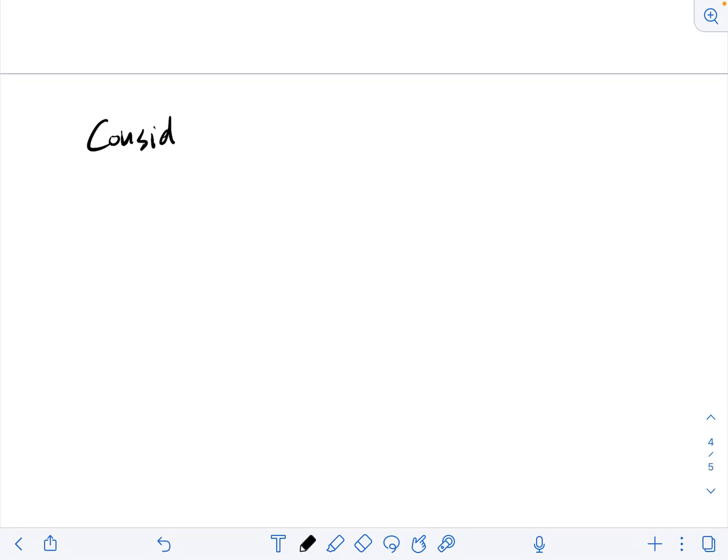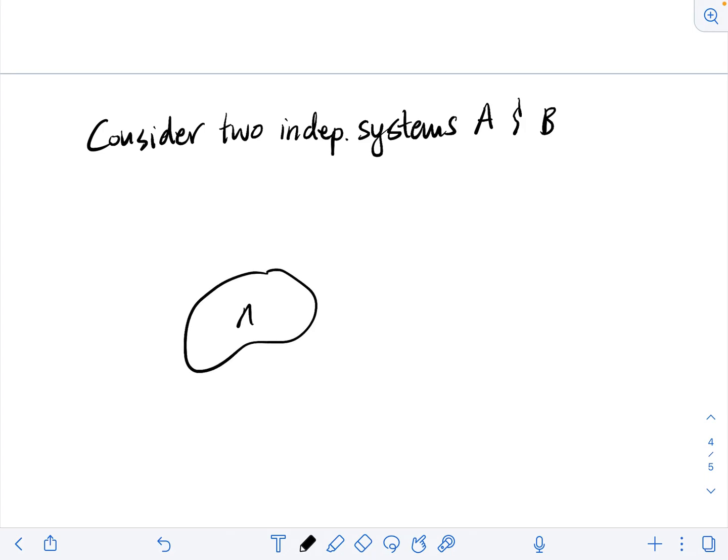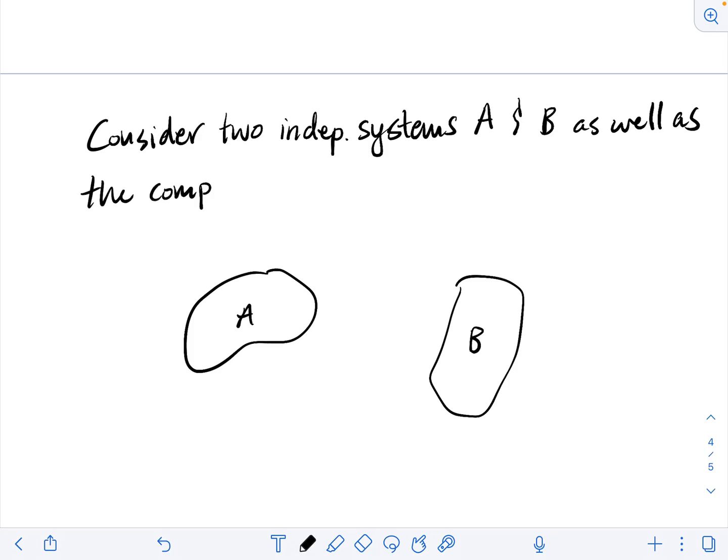let's consider 2 independent systems, say, system A and system B. In addition to these independent systems A and B, we'll consider the composite system AB.